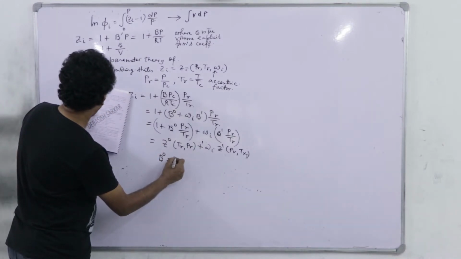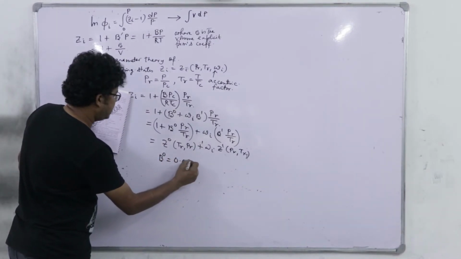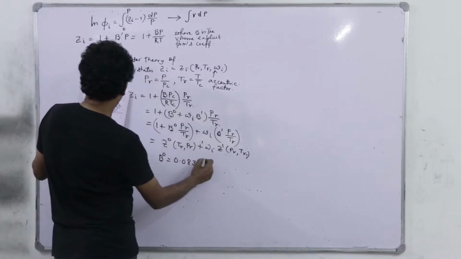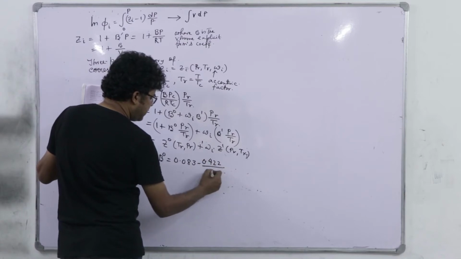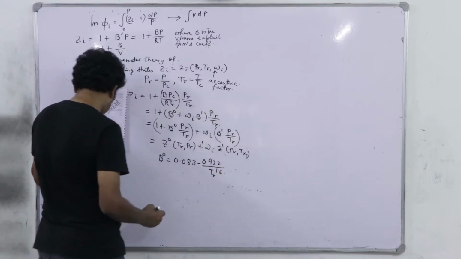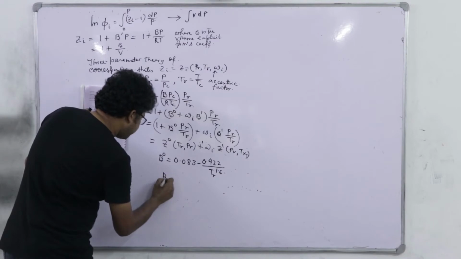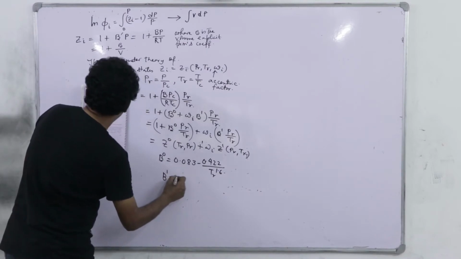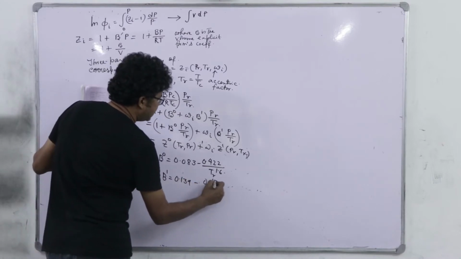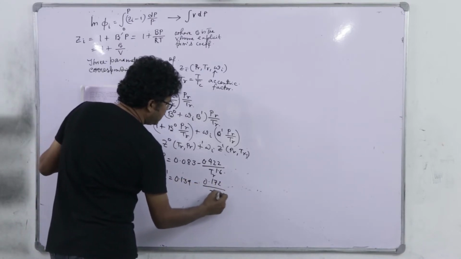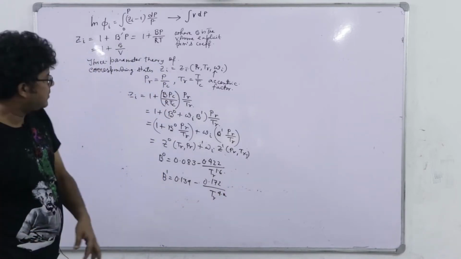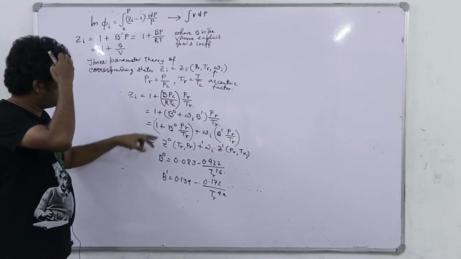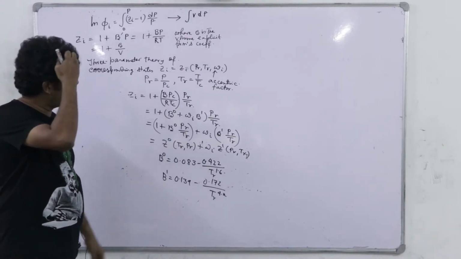B0 equals 0.083 minus 0.422 divided by TR to the power 1.6, and B1 is equal to 0.139 minus 0.172 by TR to the power 4.2. According to this equation we can calculate, provided we know the eccentric factor.